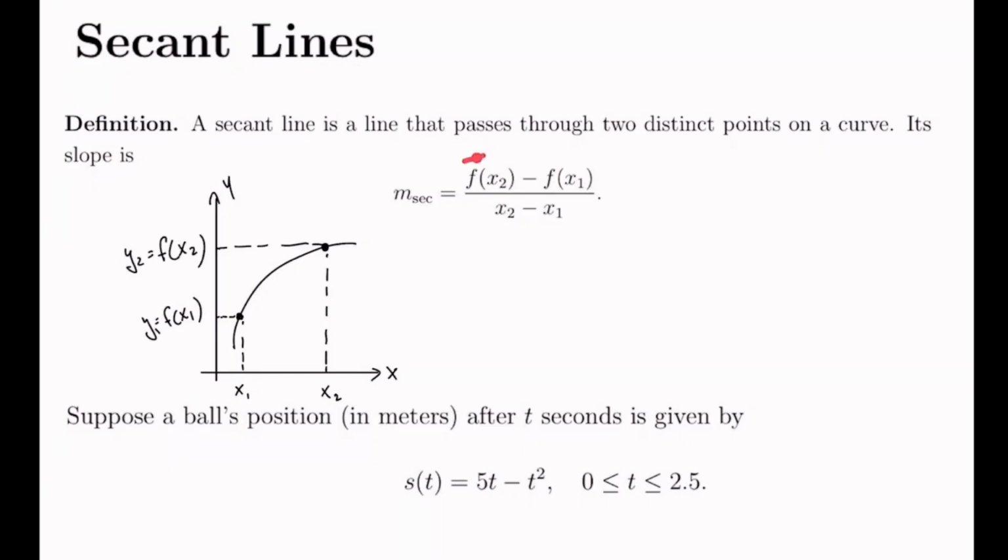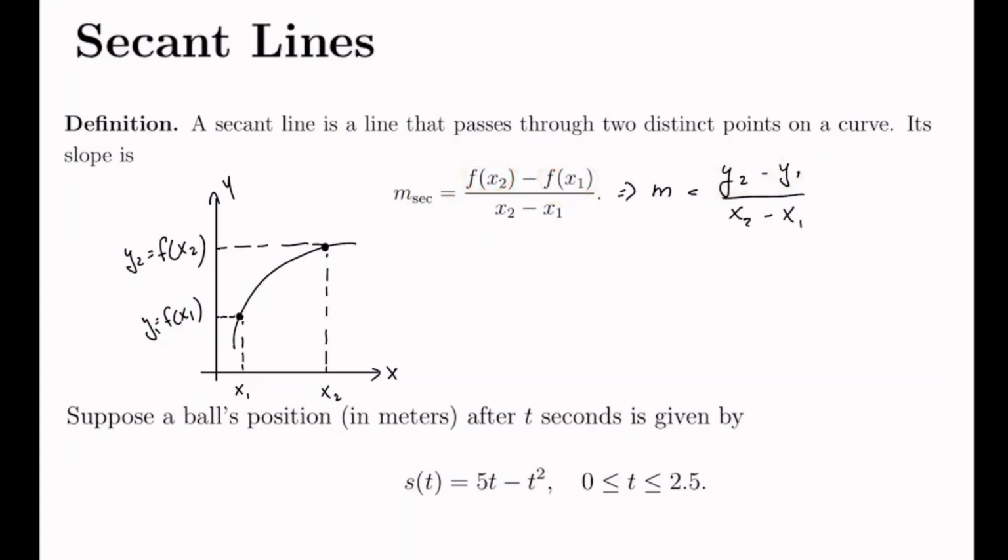So this is where this formula is coming from. It's the same thing as we had before. m equals y2 minus y1 over x2 minus x1. But now instead of y2 and y1, we have f of x2 and f of x1, right?